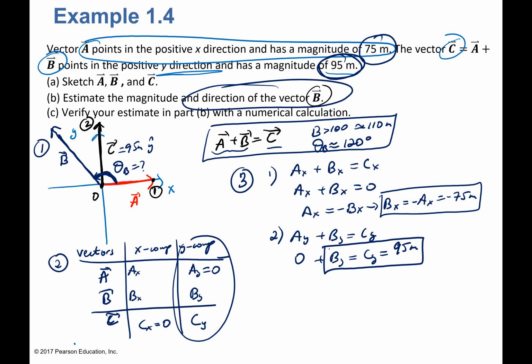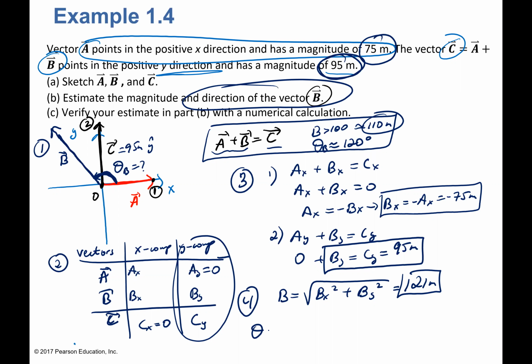That's all I need. Because in step 4, now that I have the x and y components of vector B, I can calculate the magnitude of vector B, which is the square root of x component squared plus y component squared. So I plug in those values, square them, add them together, and take the square root, and I get 121 meters, which is very close to what I estimated.